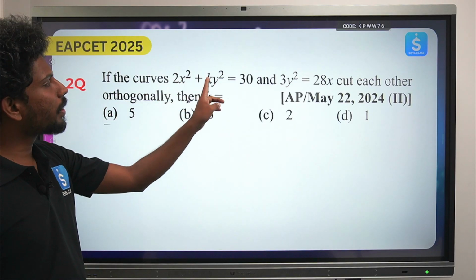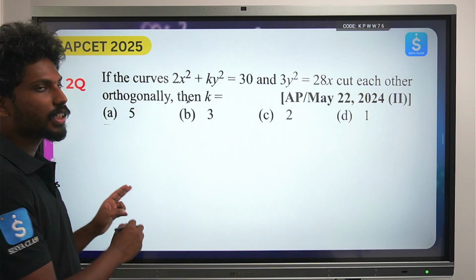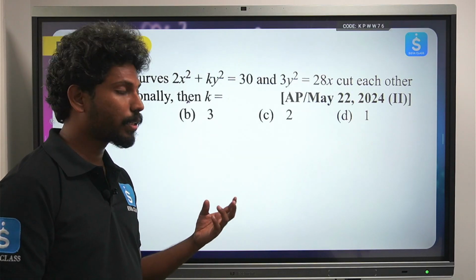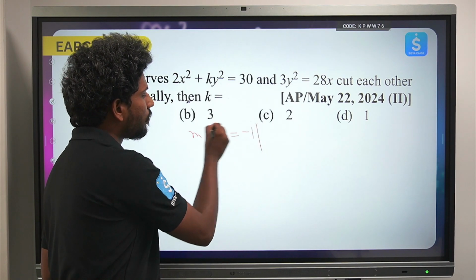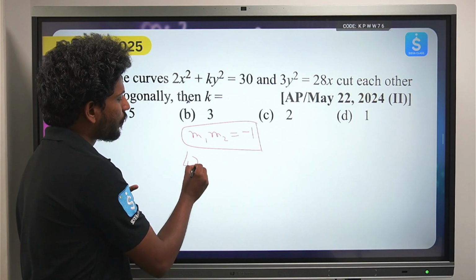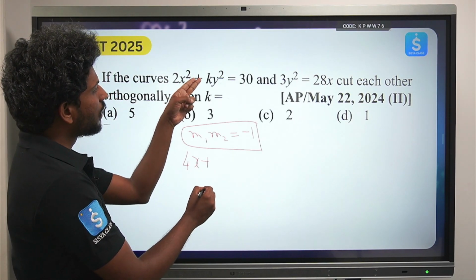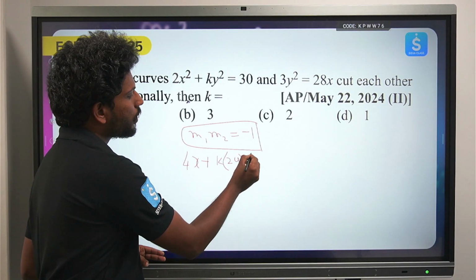So 2x square plus ky square equals to 30, 3y square is equals to 28x, cut each other orthogonally. Orthogonally means they are perpendicular. That means m1 into m2 is equals to minus 1, right? Now if you try to differentiate this, this will become 4x, into plus k into 2y into dy by dx.